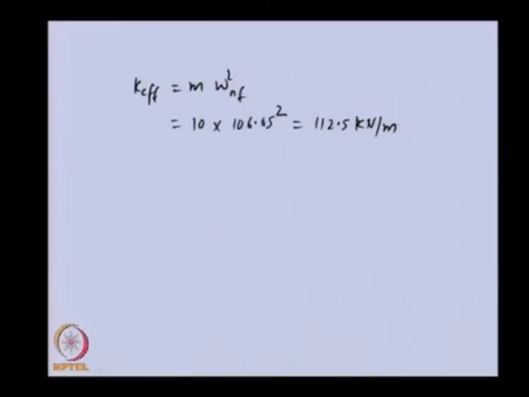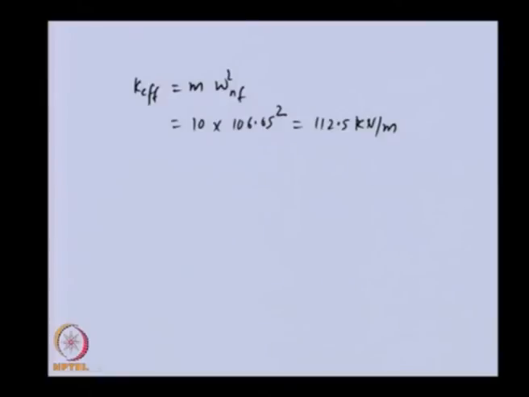So that means the natural frequency should not fall between this range. The previous one is 98.1 kilonewton per meter. Again I am repeating this.